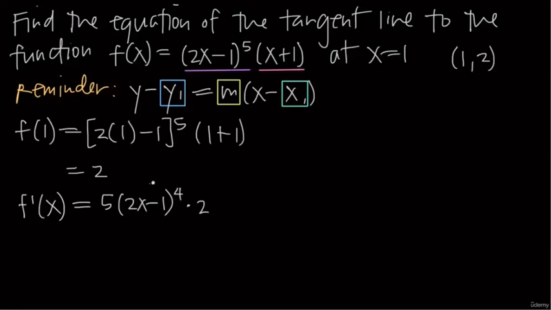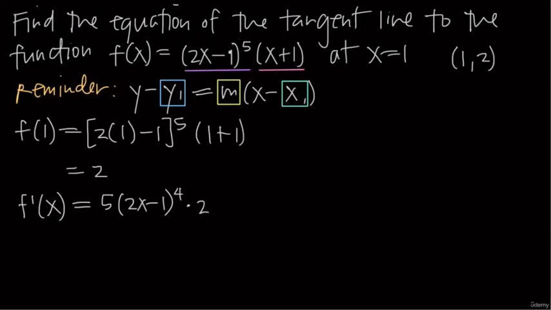But we just took the derivative of the outside function. We didn't deal with the inside function 2x minus 1 yet. So then chain rule tells us that we have to multiply by the derivative of the inside function. The derivative of 2x minus 1 is 2, so we have to multiply it by 2, and that's the derivative of what we've underlined here in purple.